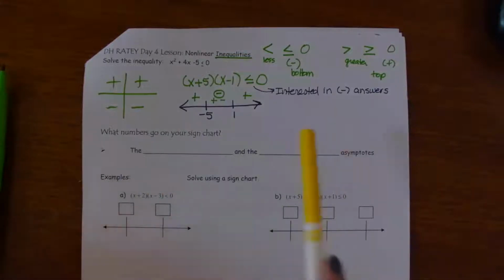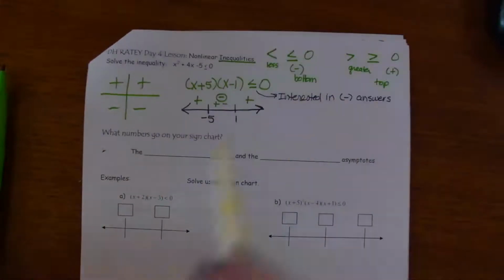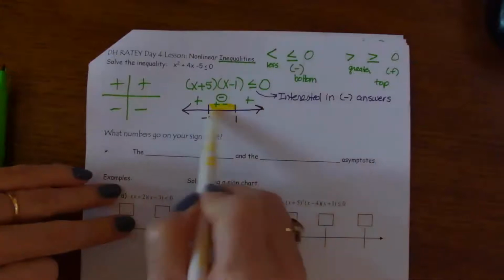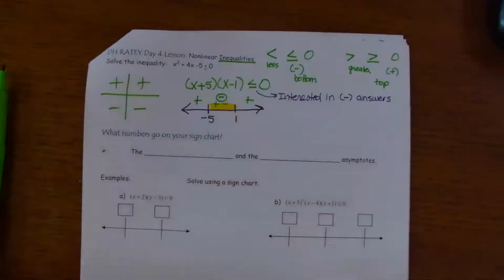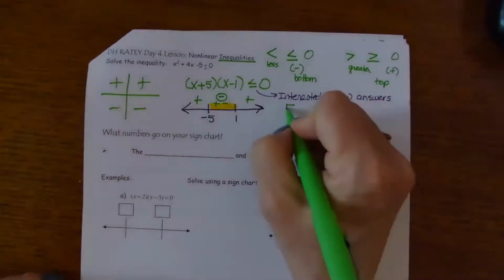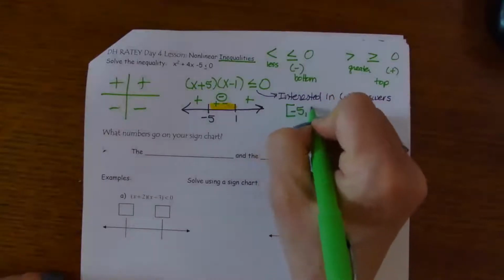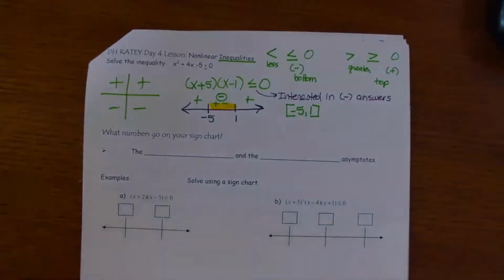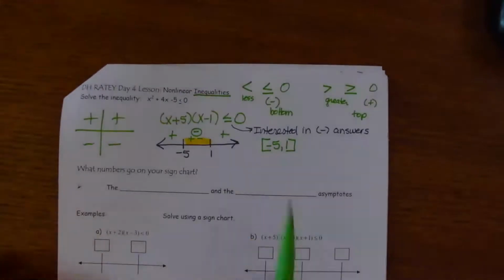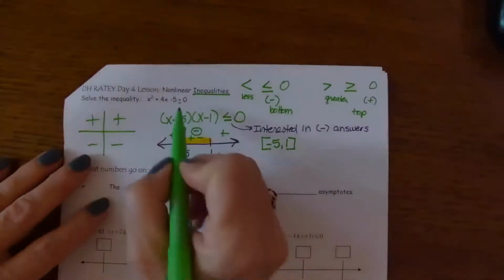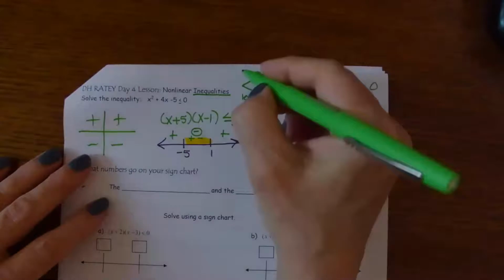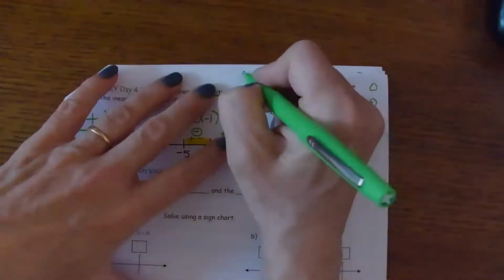Now, we are accepting negative answers right now. So we want this one. So there's our answer, right? Now, why is this brackets? Because it's got the equal sign. If you have just a less than, you have parentheses.